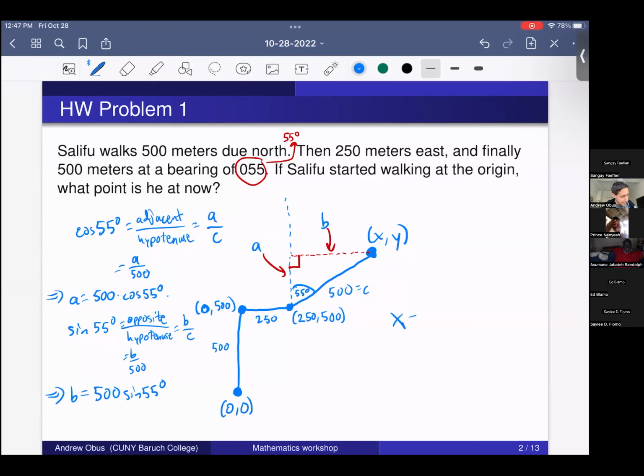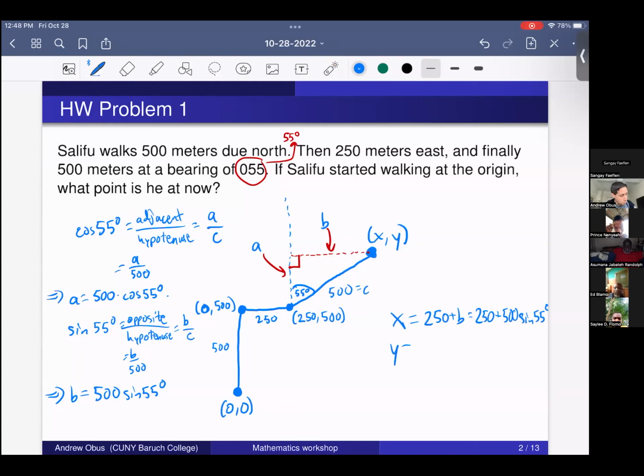Because we're going to get that X is equal to, well, we're already at 250, and then it's going to increase by B, right? That's how far we're moving in the horizontal direction. So this 250 plus B is what X is going to be. So it's 250 plus 500 sine of 55 degrees.